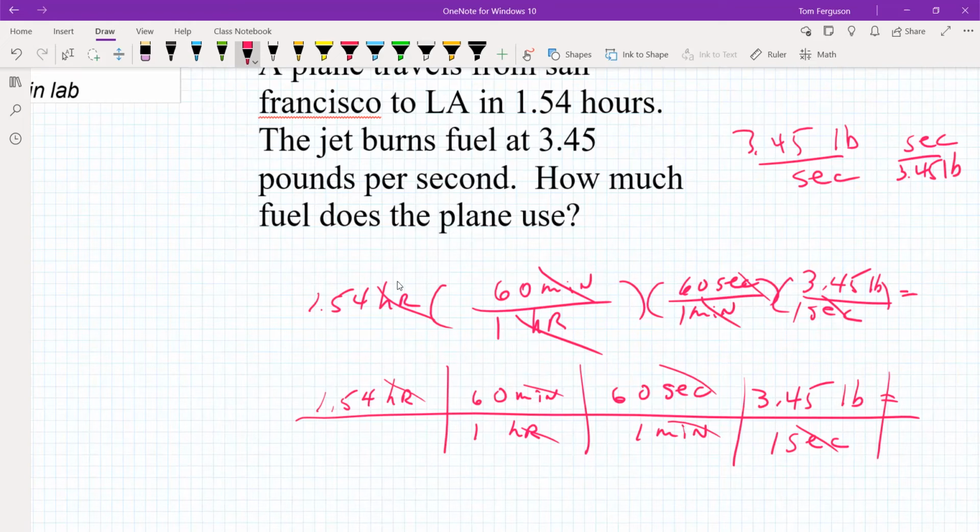Now to work this, I was going to say work this problem. We're going to divide by everything on the bottom, but everything on the bottom is a 1. So not a good example.